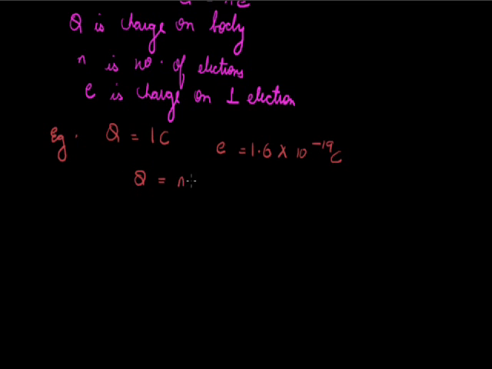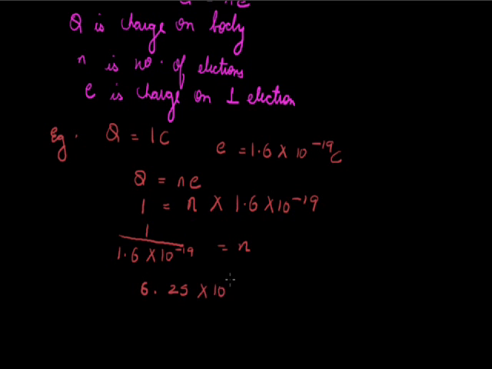So Q equal to N E, Q is 1, N we have to calculate, and E is 1.6 into 10 to the power minus 19. Solving this, we get N equal to 6.25 into 10 to the power 18. Means 6.25 into 10 to the power 18 electrons are required to constitute 1 coulomb of charge.